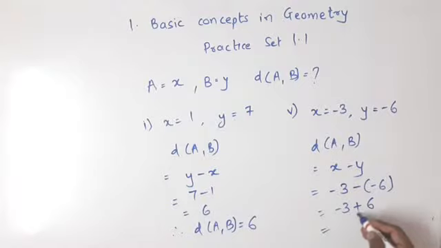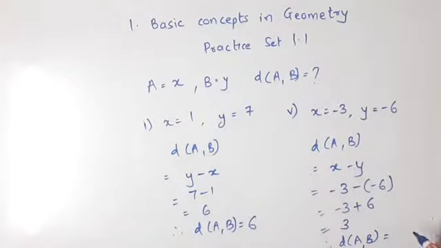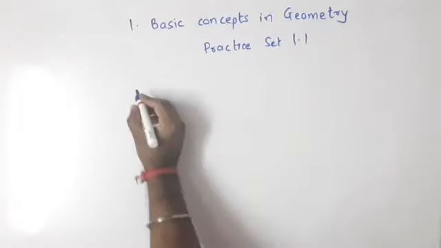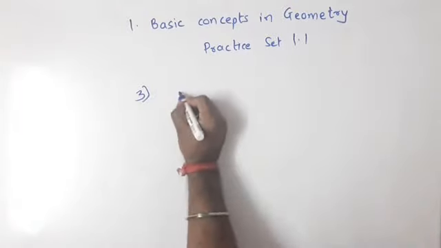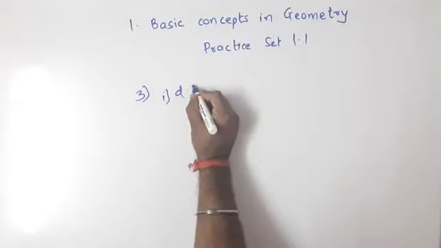And 6 minus 3 is 3. So therefore distance AB equals 3.